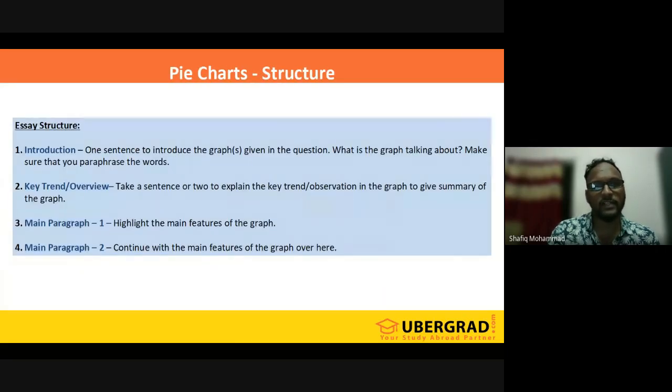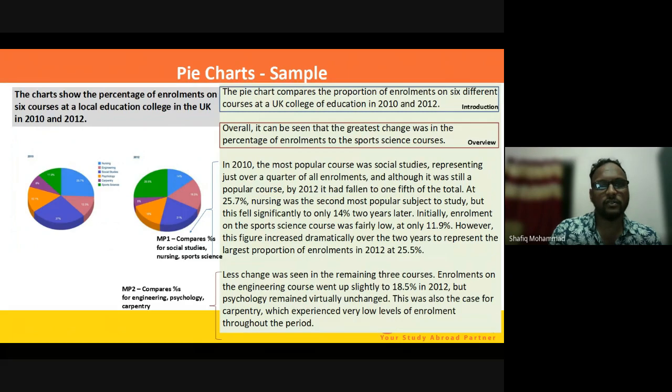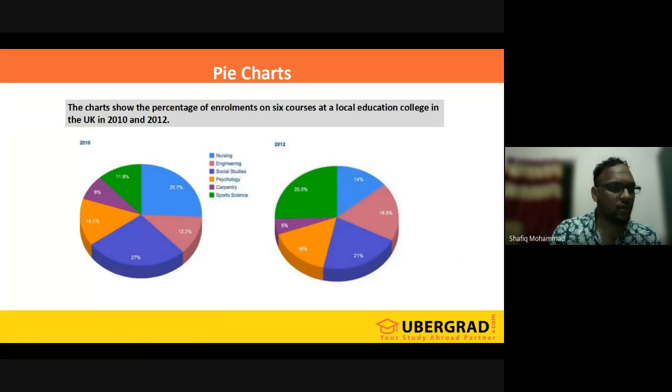For example, in the introduction, one sentence is given to introduce the graph or the pie charts, what the graph is all about, and you paraphrase the words. That is the introduction. I want a one sentence introduction, or if you feel that another sentence is required, you can do that too. But mostly a one sentence introduction is enough.